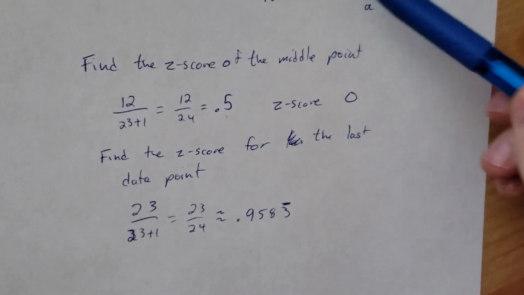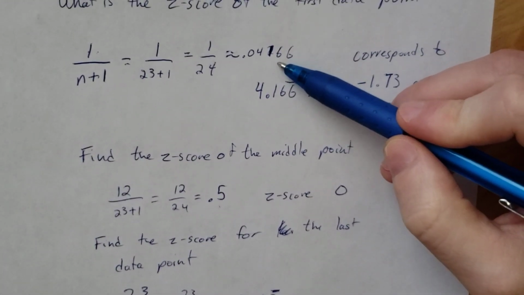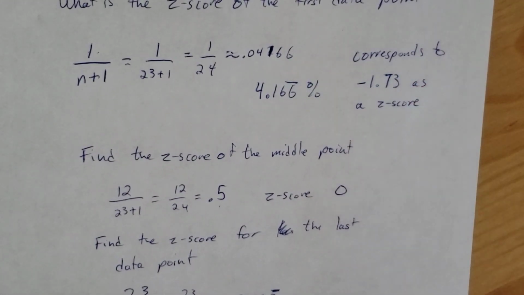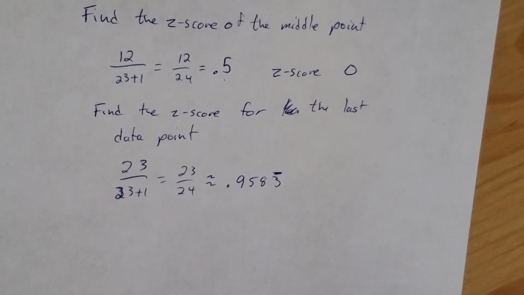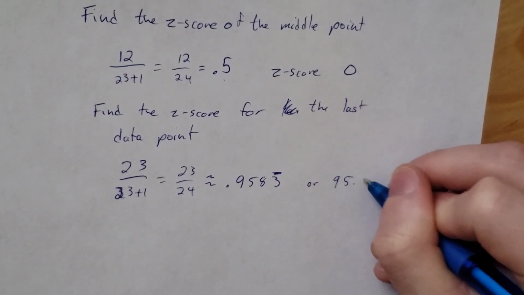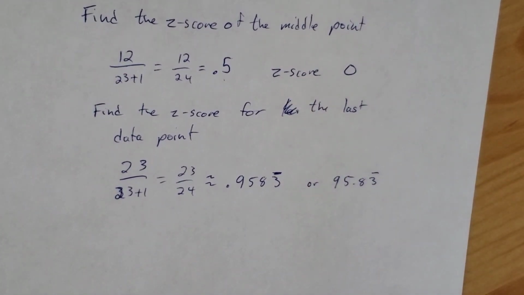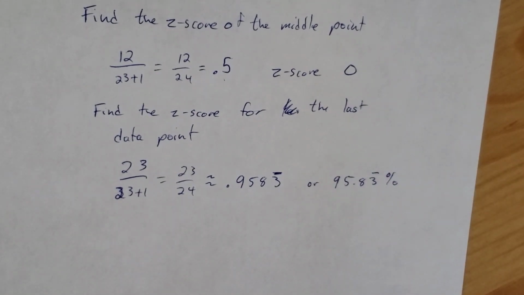That's just 1 minus the 0.0416 repeating that we had earlier. Okay. So we get about 95.83 with a 3 repeating percent of the data points so far.